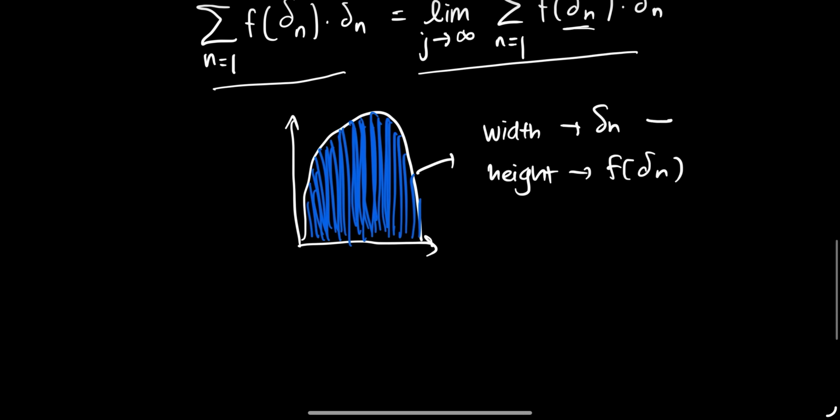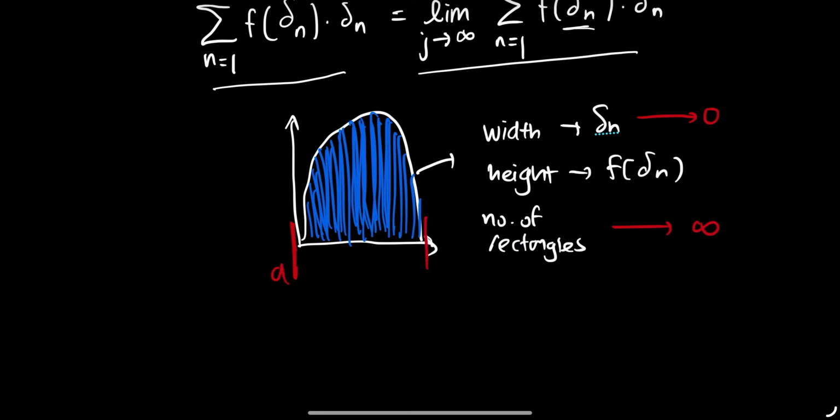And you know that this delta n is approaching 0, right? So this approaches 0 and this approaches, well, it doesn't approach anything, but the number of rectangles approaches infinity in the same bounds a to b, right?